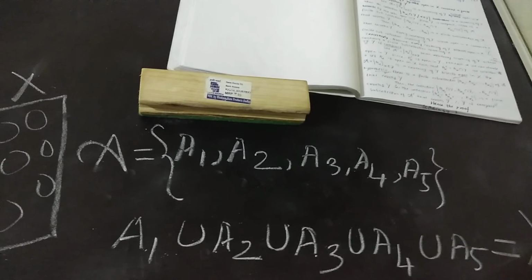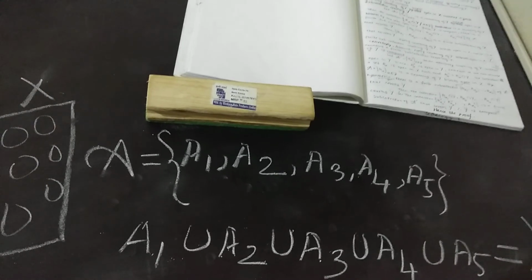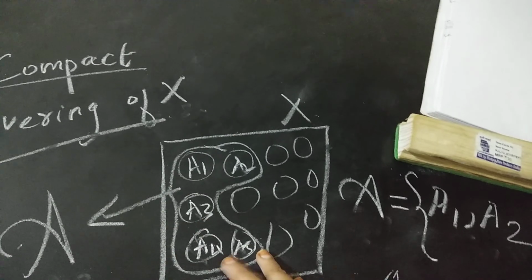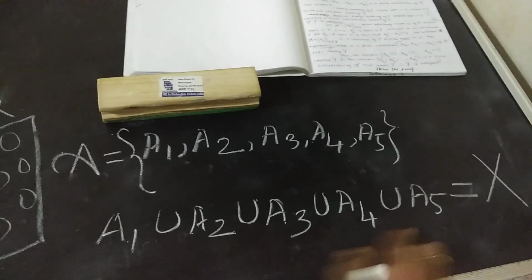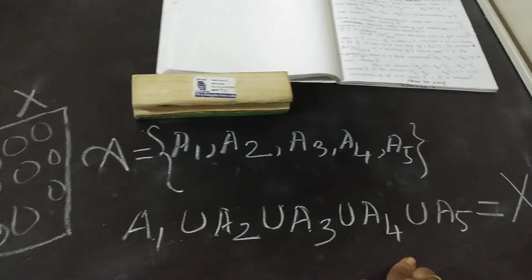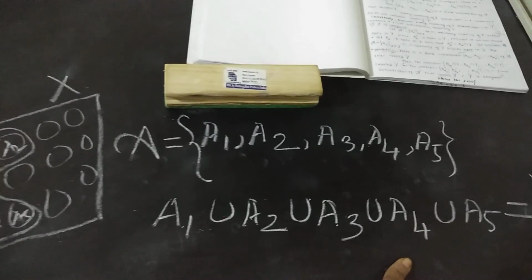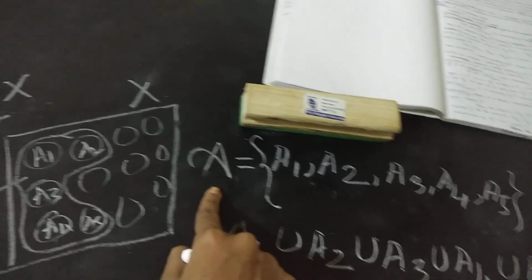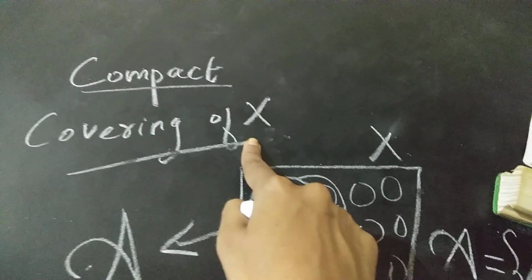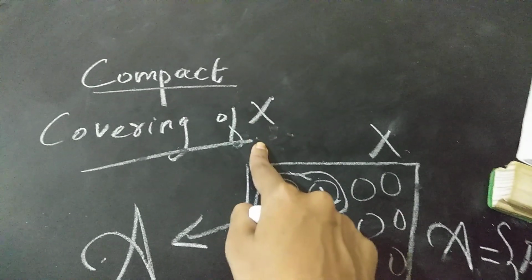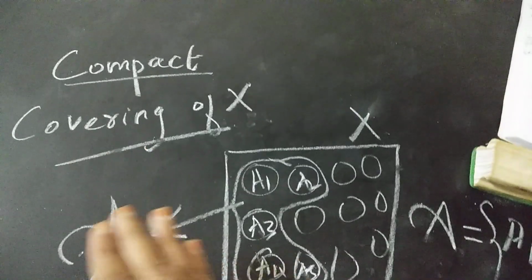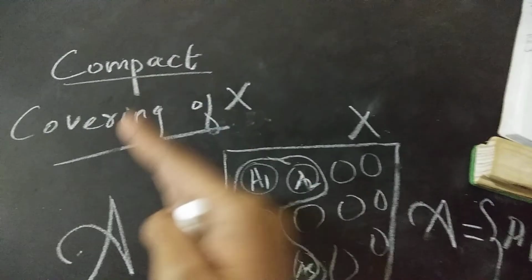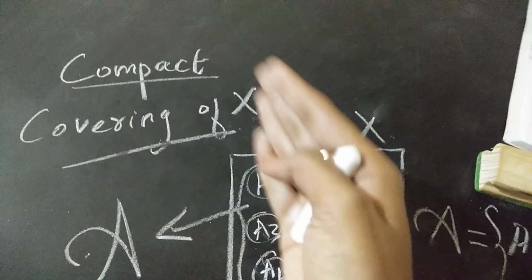In short, all the elements present inside this topological space X should be present inside this union. Then you can say the script A is a covering of capital X. I hope you have understood my point. Now I believe that you know what is called covering of X.